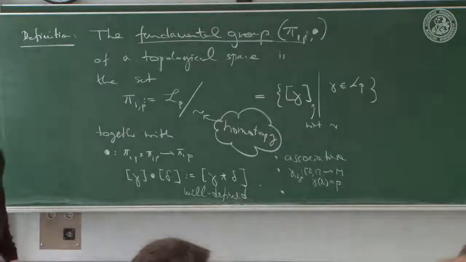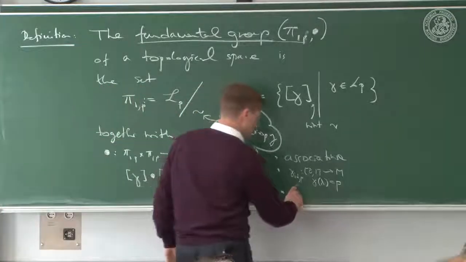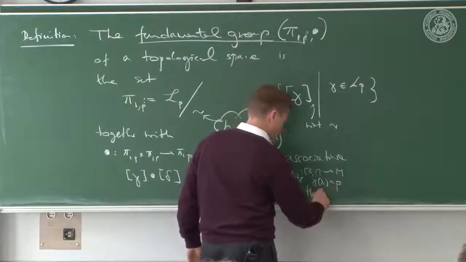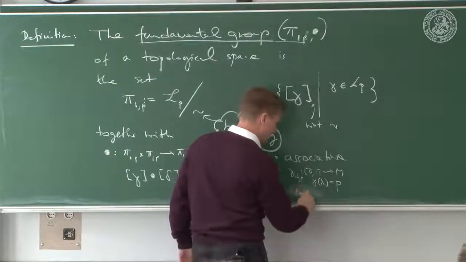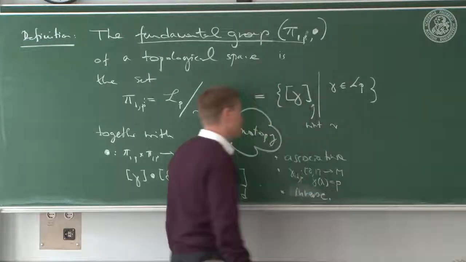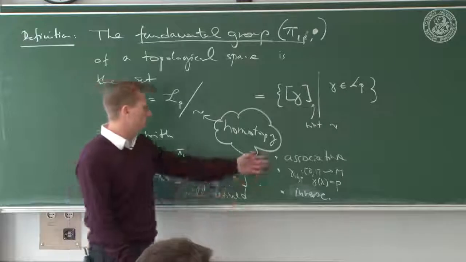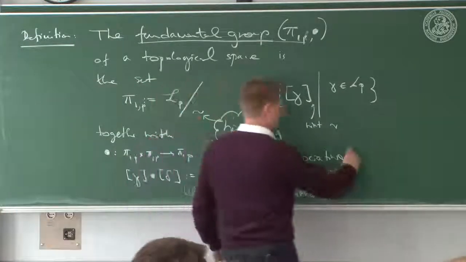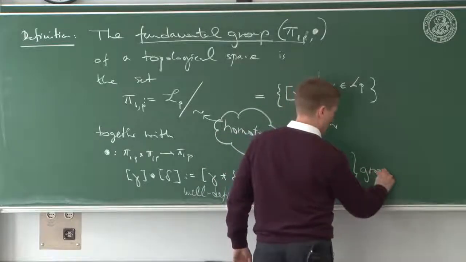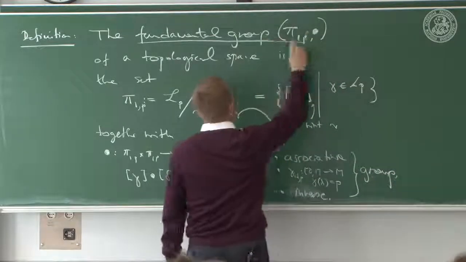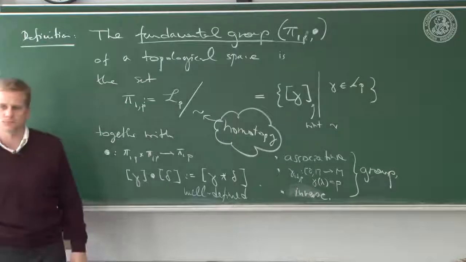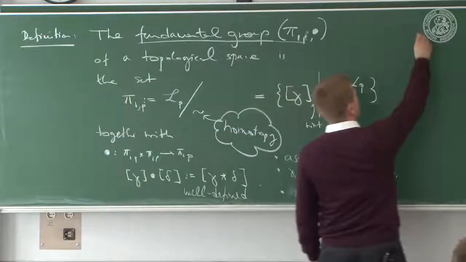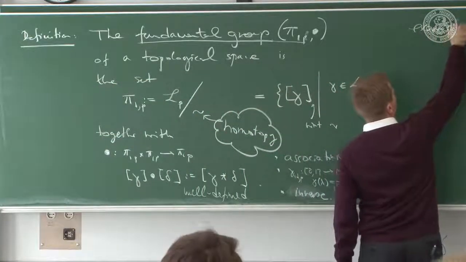Yes, that's true. You run through it backwards. So you also have an inverse. So that means we know nothing about commutativity, but we have a group structure. So this is a group. It's called the fundamental group. Now, an example, or several examples, are in order.